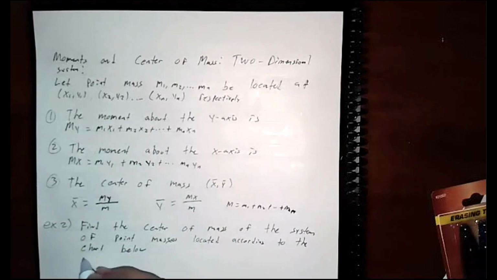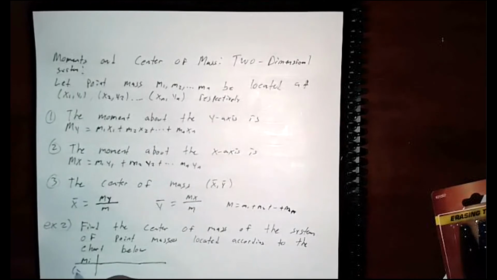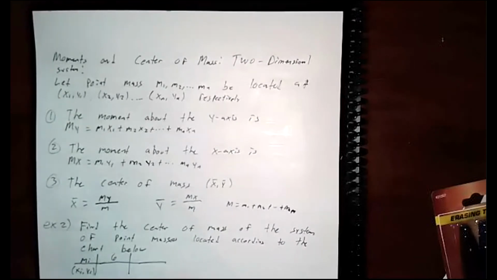All right, so similar to the last one, you got the masses here and their specific locations. Xi, yi. So 6 is at 3, -2.